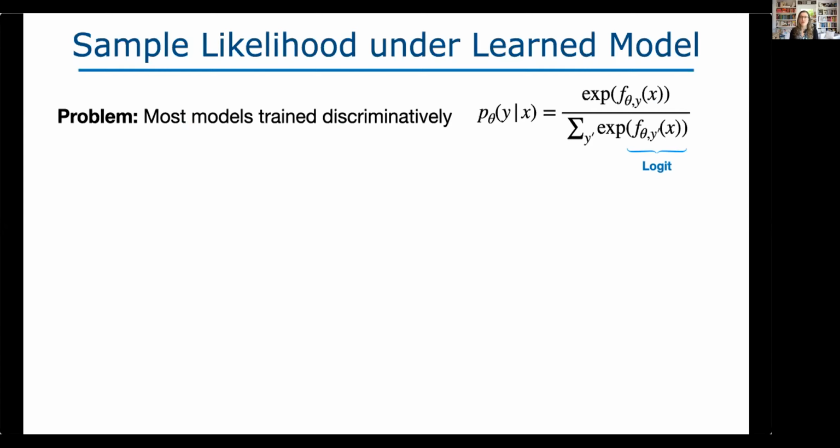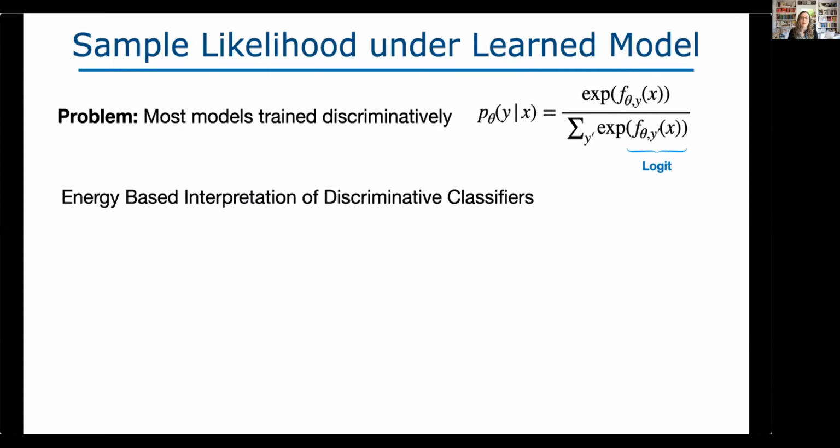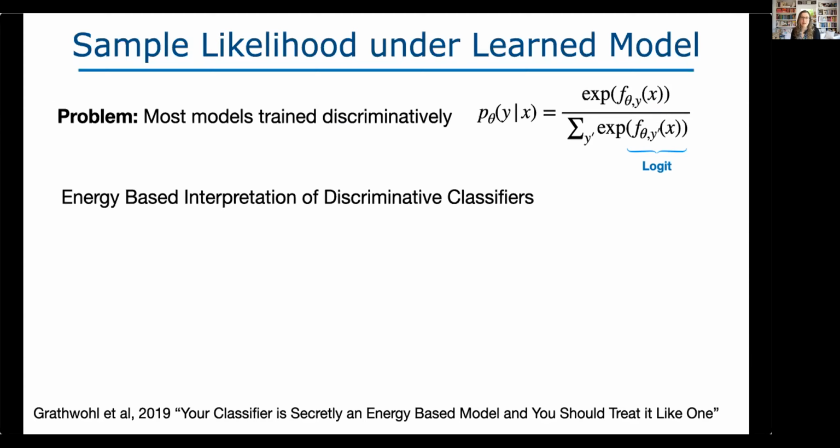And usually they're trained with some softmax output. But there's a recent line of work that talks about a way in which we can think about our discriminatively trained models as energy-based models. And this is just recent work as of last year.